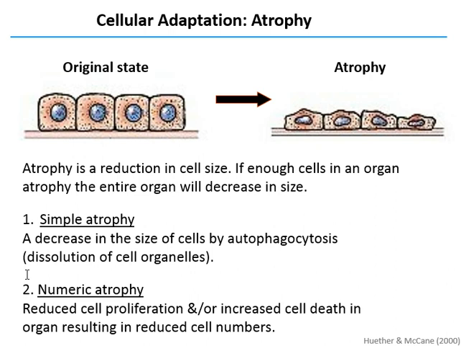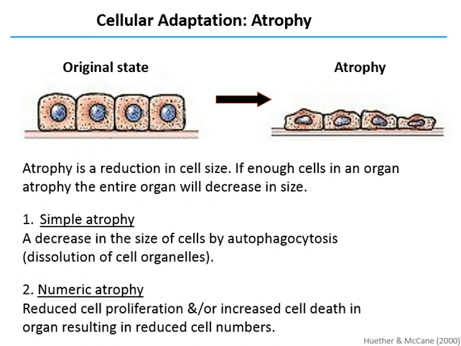It can affect any organ, but it's most commonly seen in skeletal muscle, the heart, sex organs, and brain. Two types of atrophy have been described. Simple atrophy, where there is a decrease in the size of the cells, and numeric atrophy, where there is a decrease in the size of the organ due to a reduction of the number of cells within that organ.